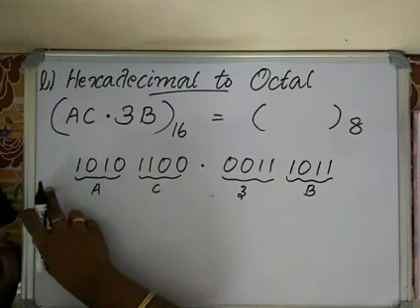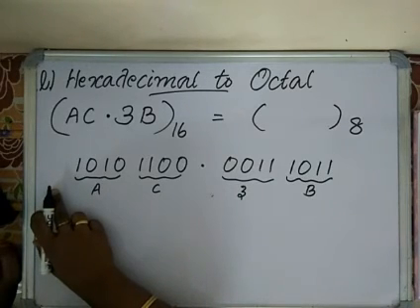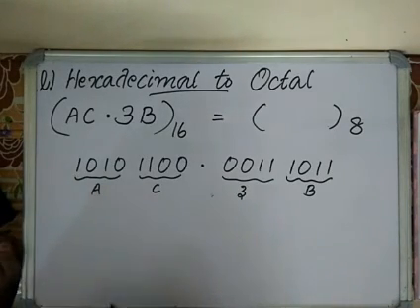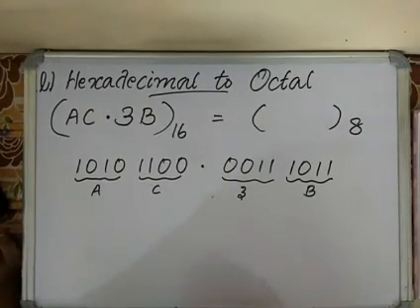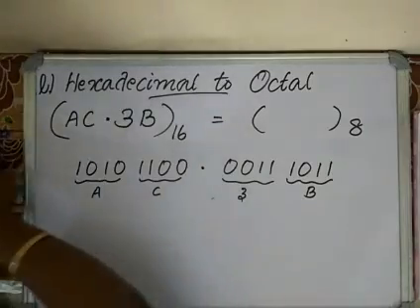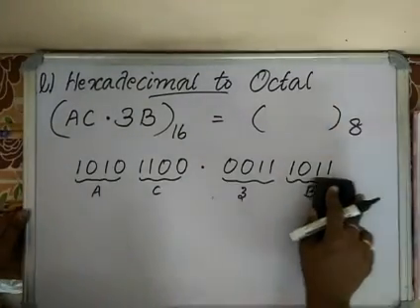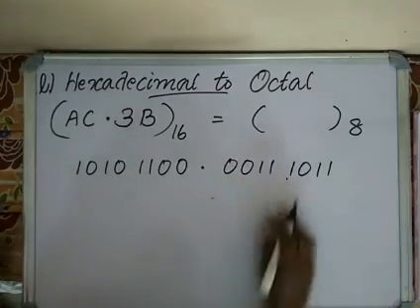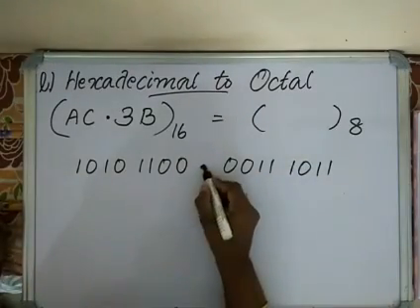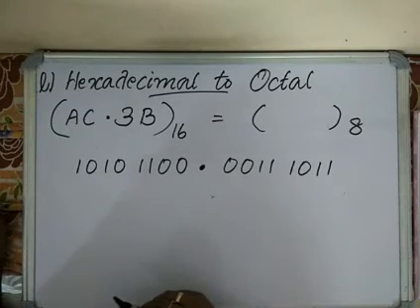So this is the binary equivalent of the given hexadecimal number. Then we have to group. As we have done in binary to octal conversion, we have to group this binary into several groups, and that grouping will start from the decimal point.